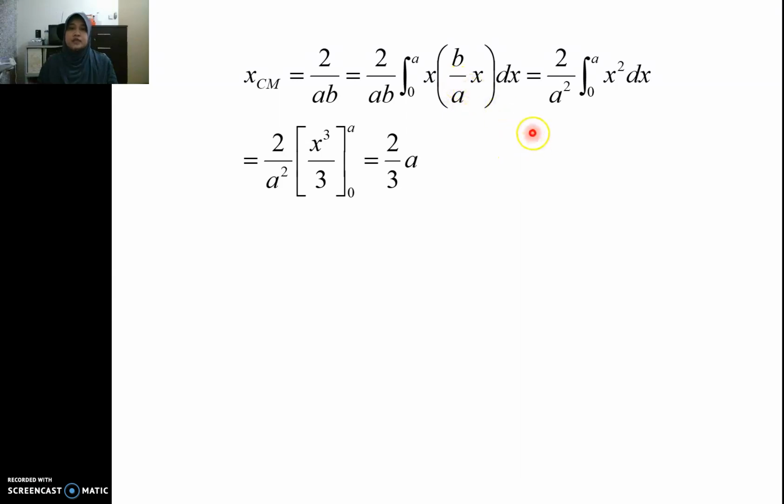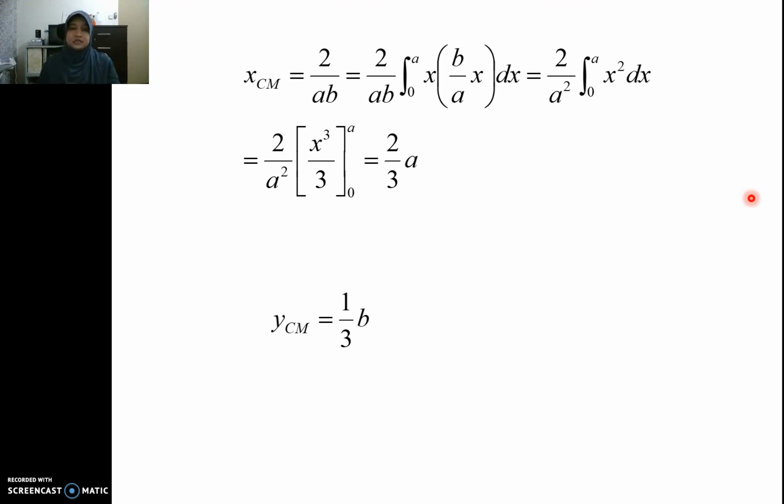Then we do the integration for x squared, because 2 and a squared are constants, so we put them outside. Then we integrate, and we get 2/3 a. So it means that the x coordinate for the center of mass is located at 2/3 of a, and for y, you do the same, you will get that it is located at 1 over 3 b.